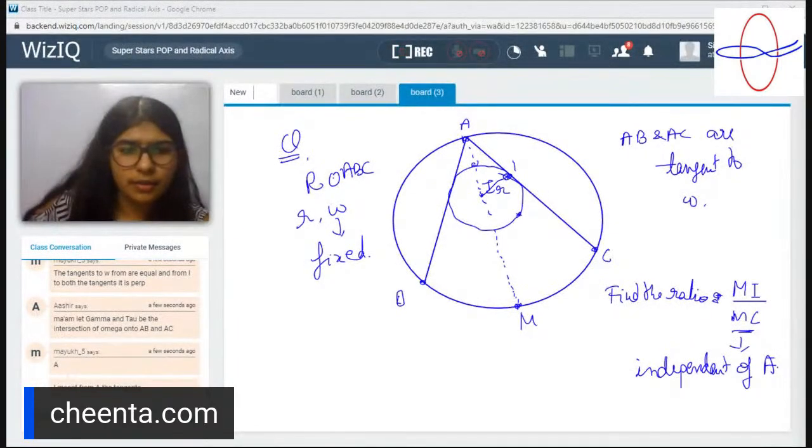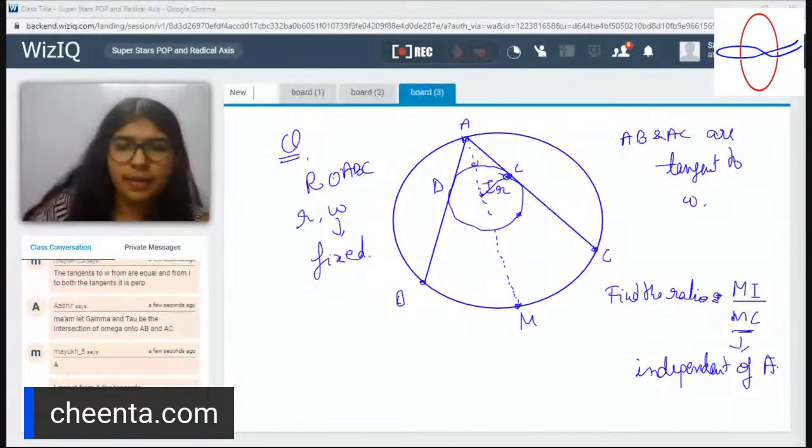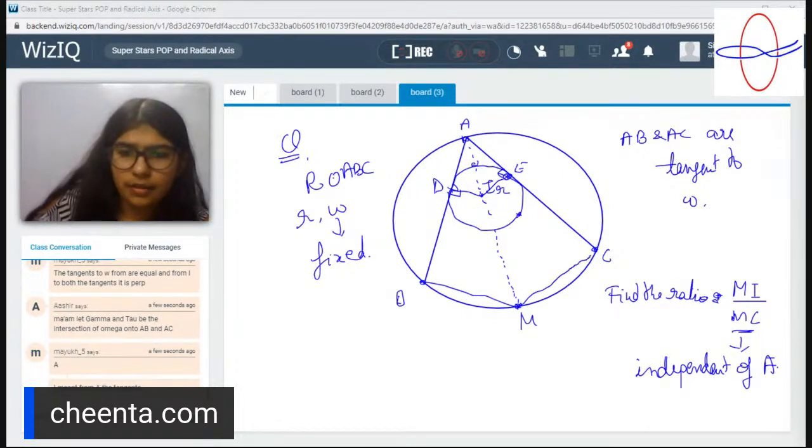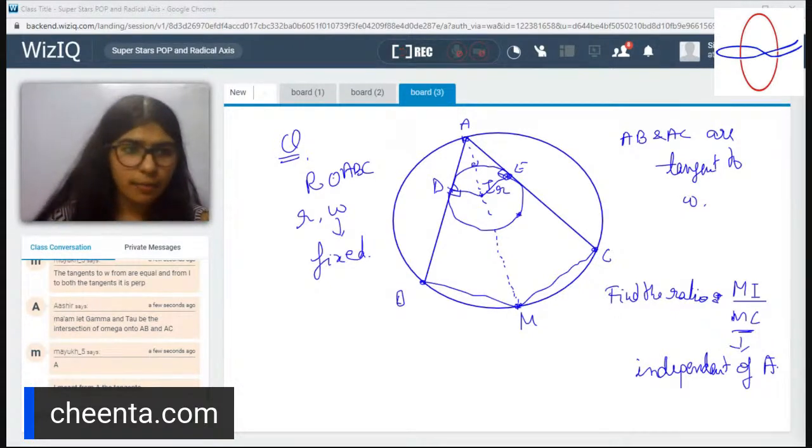You are saying this is T, and over here be E, perpendicular, perpendicular, right? And let me join these, MB, MC, okay? Now the question is asked just for MI upon MC, and it is independent of A.